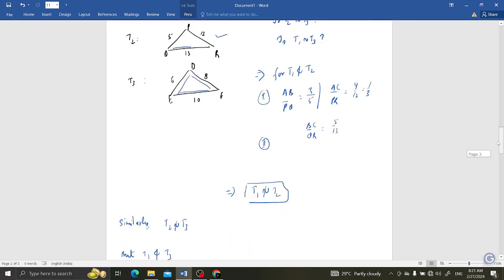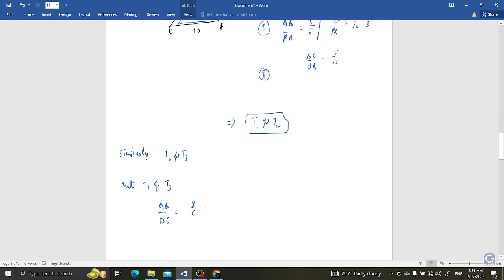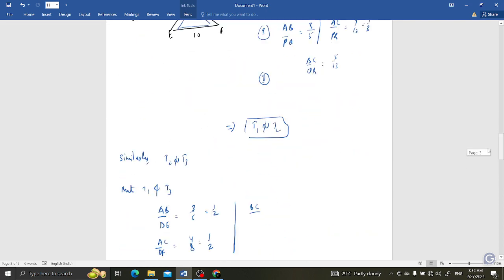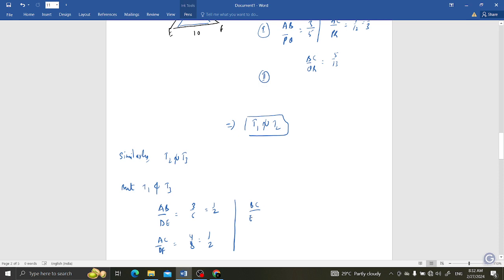This is 1 by 2. Then AC upon DF, 4 upon 8, that is also 1 by 2. And at the end, BC upon EF, 5 upon 10, that is also 1 by 2.